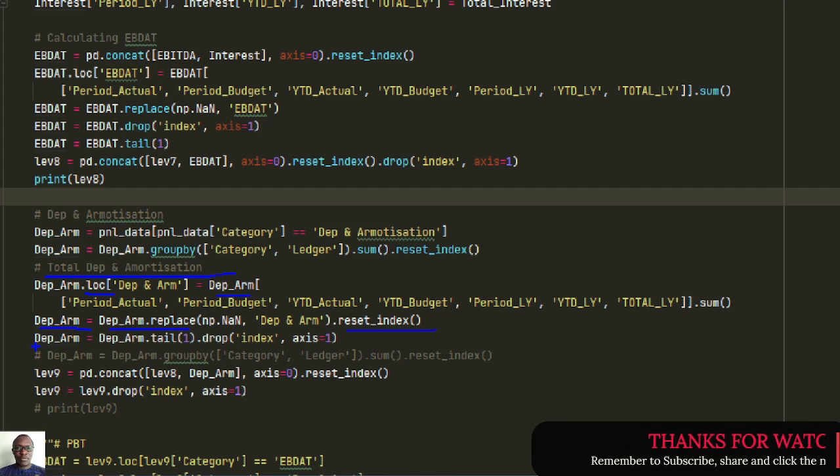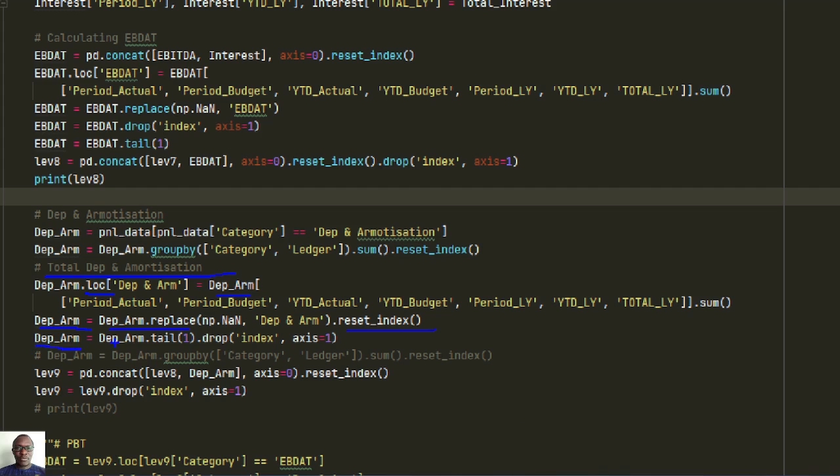Then again we are saying dep and amortization is equal to dep and amortization.tail.drop. We are dropping the index, but here we are trying to select the last row within this data frame. So the last row within this data frame is the total amount for depreciation and amortization.